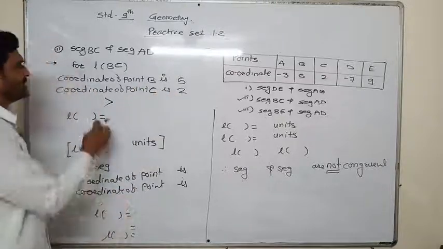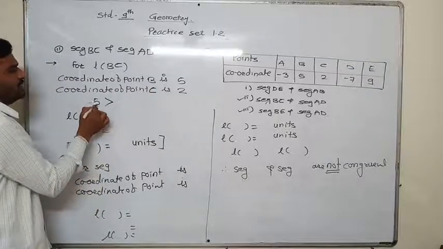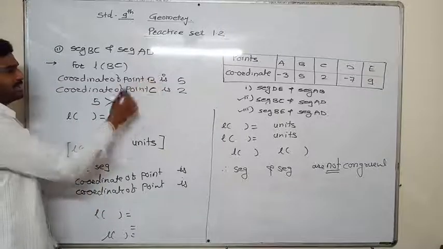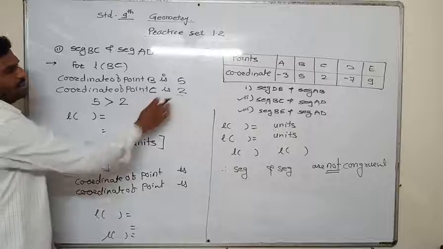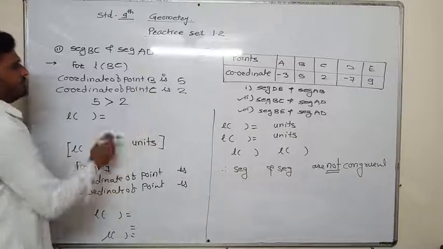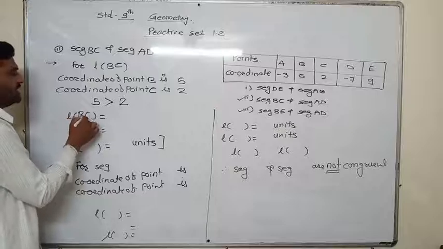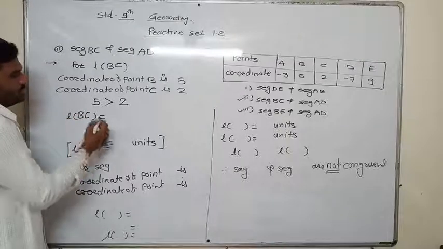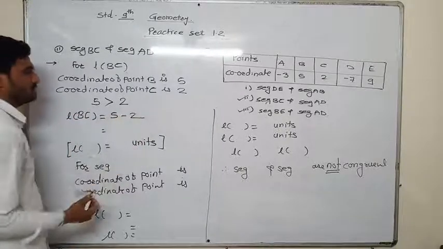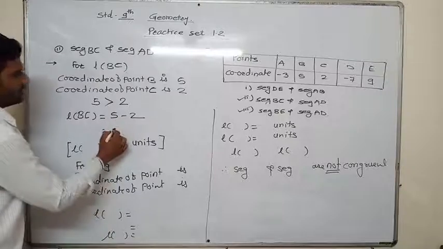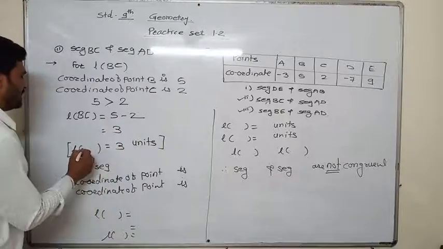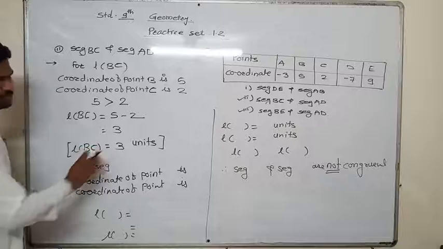Which is the greater number here? 5, so the coordinate of point B is greater than the coordinate of point C. So the length of BC is equal to 5 minus 2, which is 3 units.